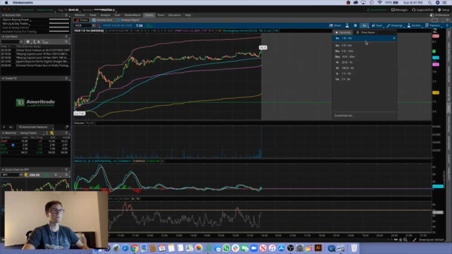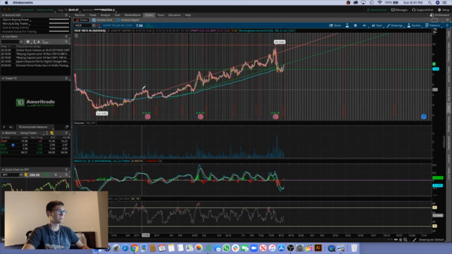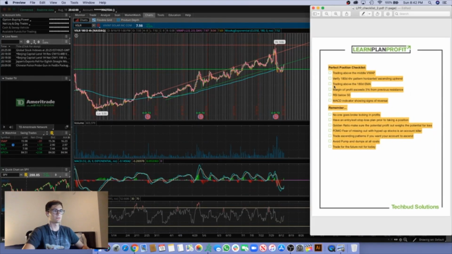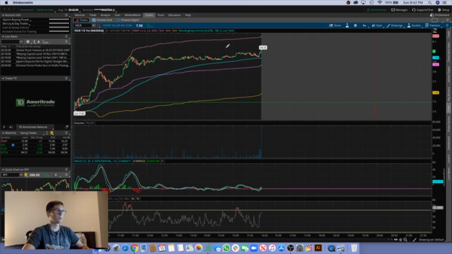Let's verify that the 180-day and 4-hour pattern is in a horizontal or ascending uptrend. It's basically uptrending. We see that it broke below support here, but overall it's uptrending over the last 180 days, so that's good to go. Trading above the 180-day EMA: let's go back to the 1-day, 1-minute chart.